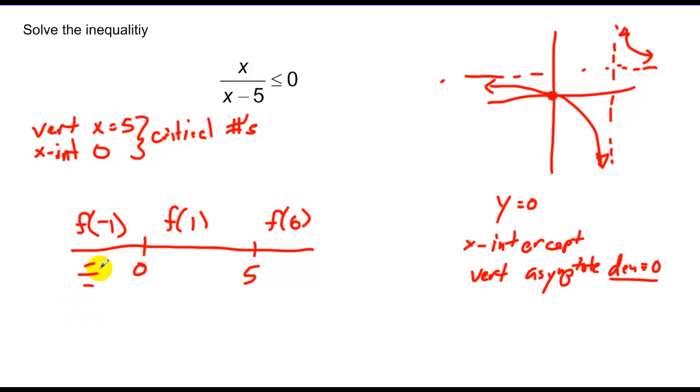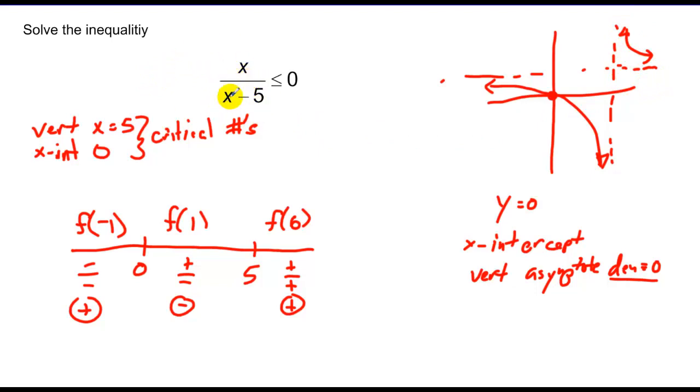So to the left of 0, we have a positive value. When I look at 1, I have a positive over a negative, which equals a negative. So to the right of 0, I have a negative. And then when I go to the right of 5, I have a positive over a positive, which is a positive.